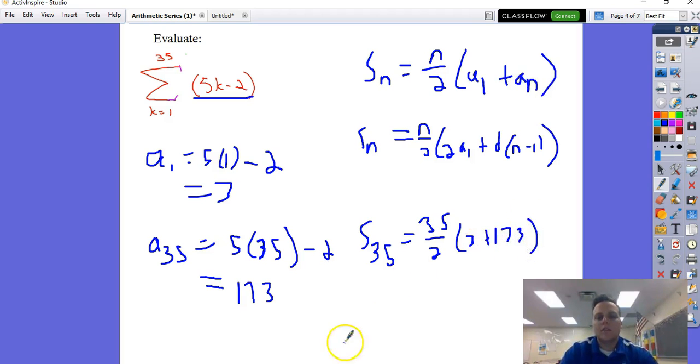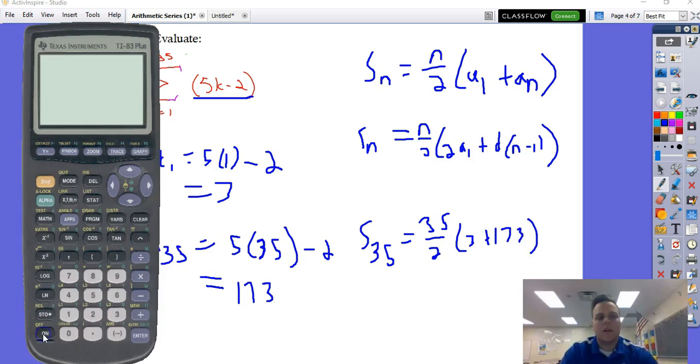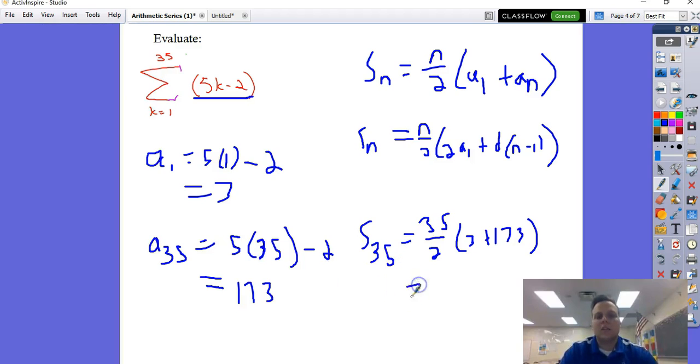Now I can just grab my calculator and type in 35 divided by 2, times, well, what's 3 plus 173? It's 176. And so 3080. So the sum of all 35 terms, if I just kept adding them together, is 3080.